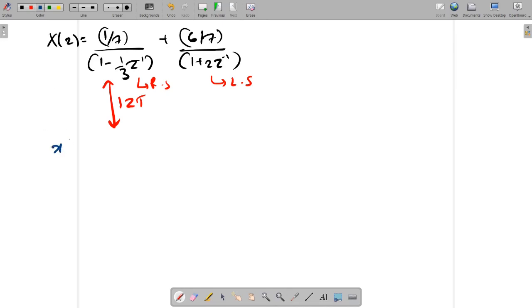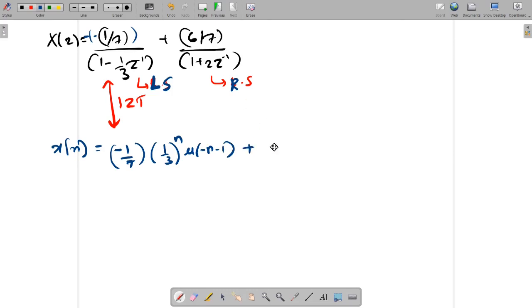X of z is x of n. If I make this as right sided, so I will make this left sided, right? Left sided and right sided. So left sided means I should add extra minus over here. So minus 1 by 7, 1 by 3 raised to n, u of minus n minus 1 plus 6 by 7, 2 raised to n u of n.